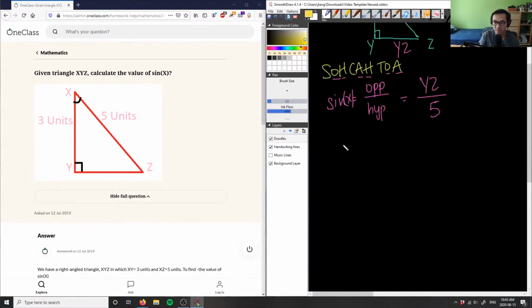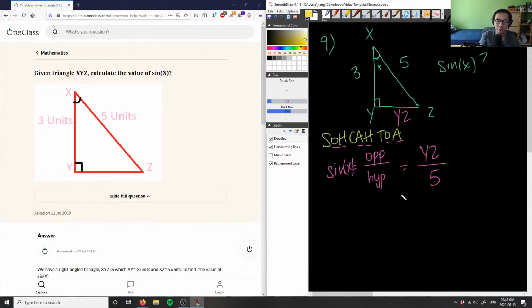So for the sake of the Pythagorean theorem, I'm going to use XZ squared is equal to XY squared plus YZ squared. And this is what we're looking for, because YZ is the side we're looking for. Well, we know that XZ is equal to 5, right?